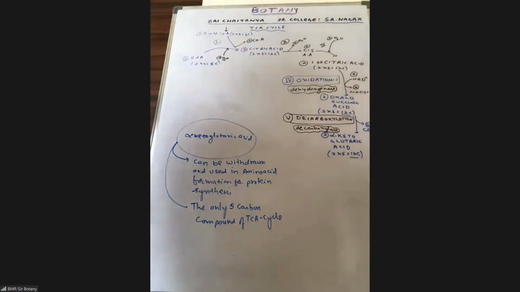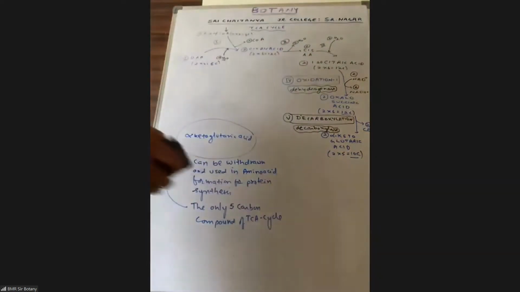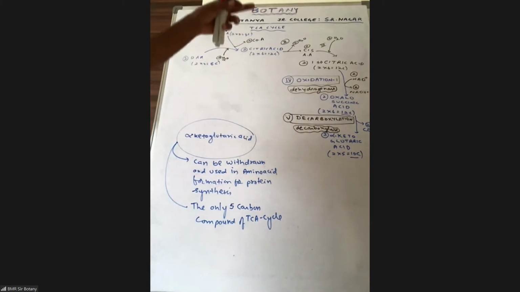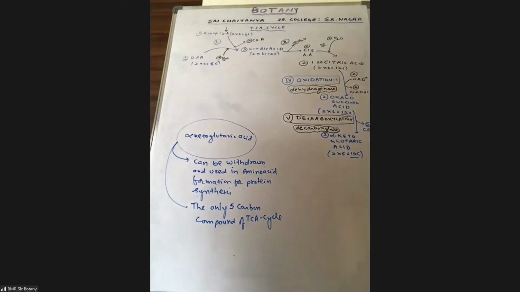So alpha ketoglutarate acid, remember 2 things. It can be raw material for amino acid formation by reductive amination. It gives us glutamic acid, and that was the source of amino group to form other amino acids. Then this is the only 5-carbon compound of the TCA cycle.